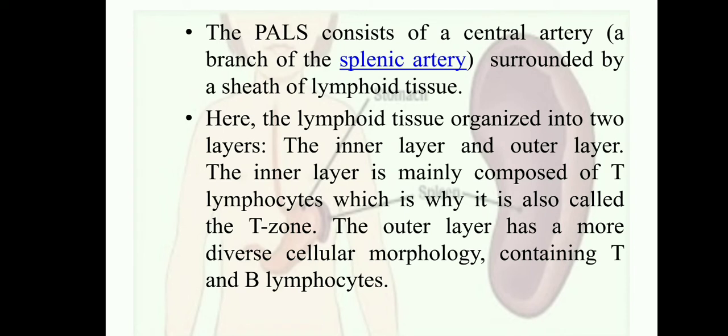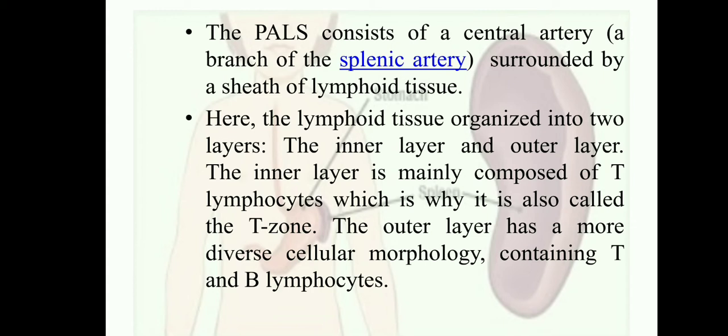Now the periarterial lymphoid sheath consists of the central artery, that is a branch of the splenic arteries, which is surrounded by a sheath of lymphoid tissue. Means a central artery, a single artery responsible for transporting the blood within the spleen, is surrounded by the sheath of lymphoid tissue which is called the periarterial lymphoid sheath.